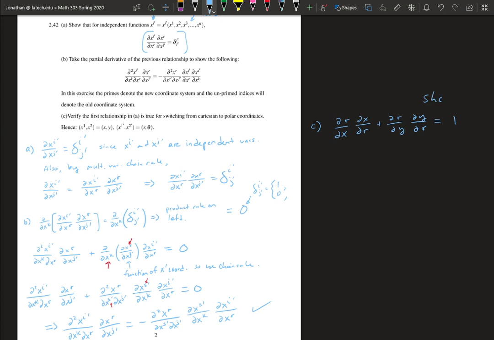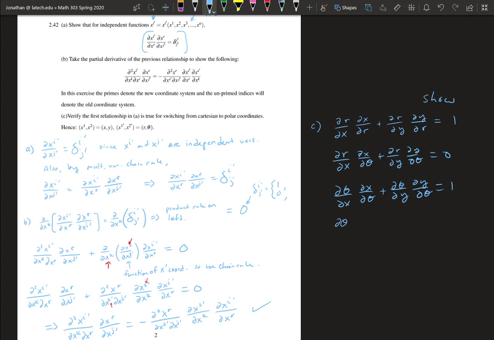So show. Also show partial r, partial x, partial x, partial theta plus partial r, partial y, partial y, partial theta equals 0. Partial theta, partial x, partial x, partial theta plus partial theta, partial y, partial y, partial theta equals 1.